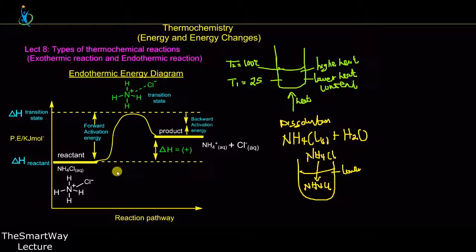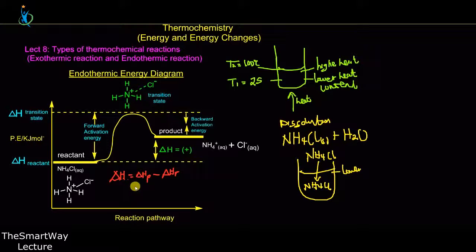So if you want to find the enthalpy value for the reaction, I just told you that there is a difference in the enthalpy of the product and that of the reactant.